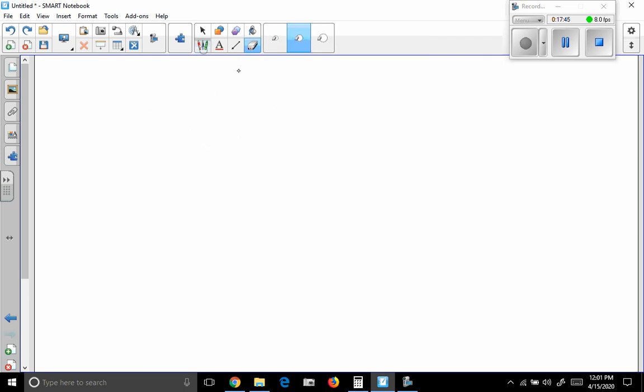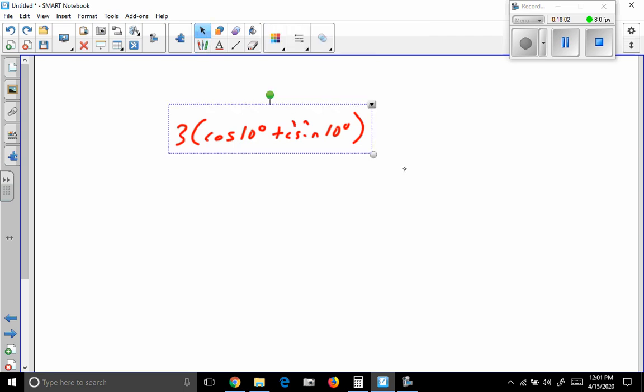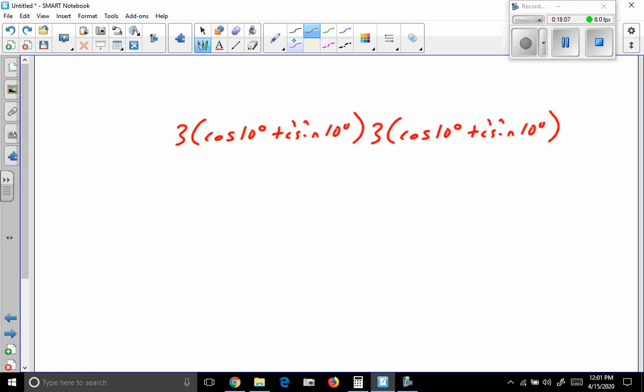But if we have a particular complex number that's in trig form, I'm just going to make one up, if we're going to square it, then that means multiply it times itself. So if I multiply this times itself, I'm multiplying the radius times itself. And I'm adding the angle to itself, so I'm basically doubling the angle.